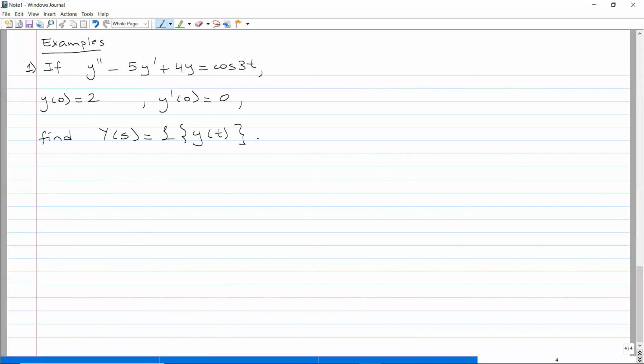All I know is that it satisfies this differential equation, y double prime minus 5 times y prime plus 4y equals cosine of 3t. And also it satisfies these initial conditions. At 0, the value of the function is 2. And again, at 0, the value of the derivative is 0. And using this information, I want to find the Laplace transform of the function. So what we do is we take the Laplace transform of both sides of our equation.